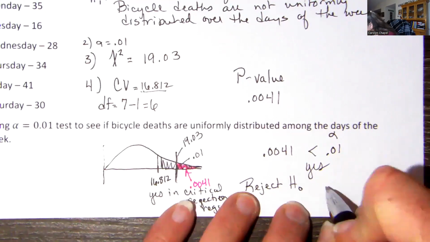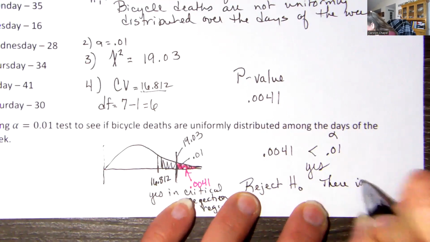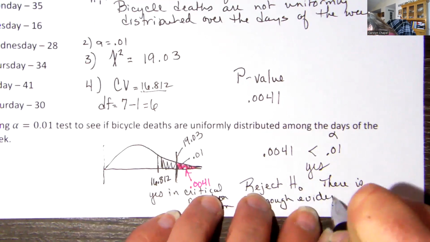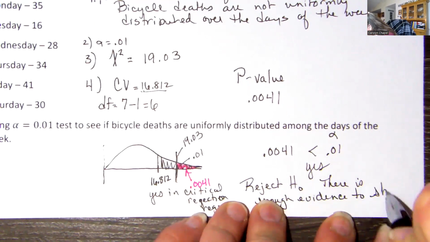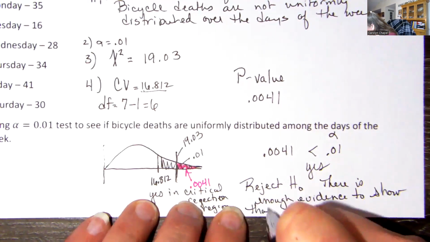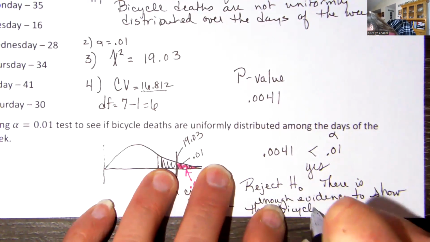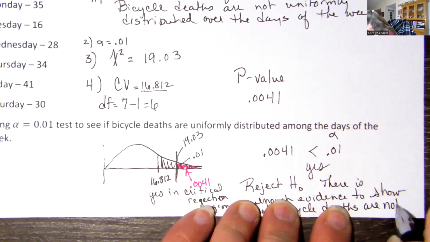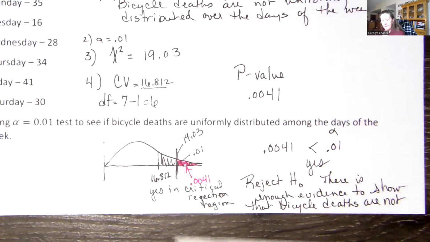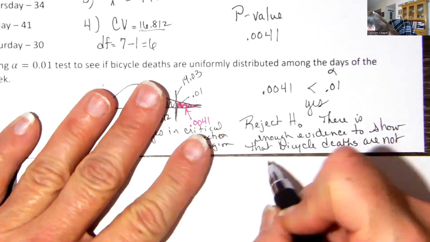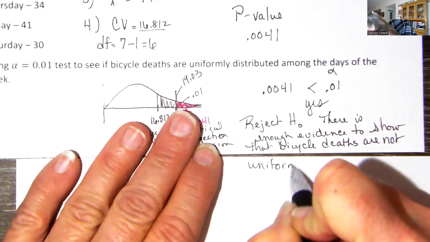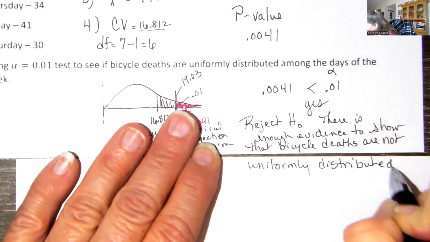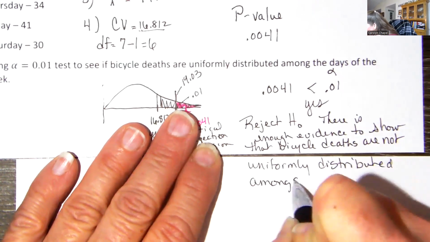What they want to know is that there is enough evidence to show that bicycle deaths are not uniformly distributed among the days of the week.